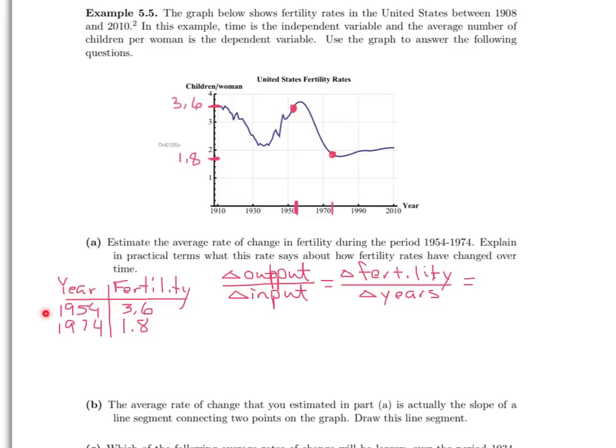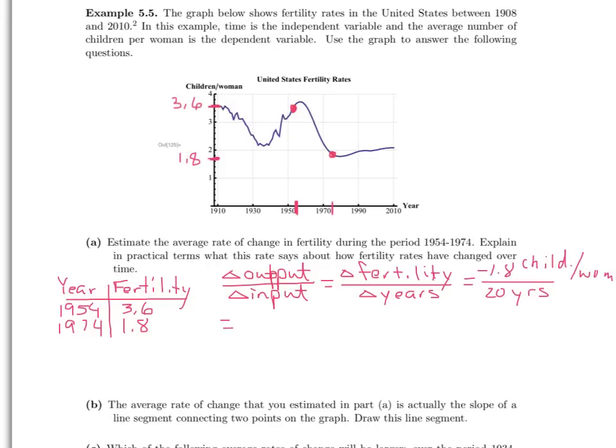The change in the years: we take our ending value, subtract our starting value. That's 20. So we have 20 years. And the change in fertility, again, we take our ending value, subtract our starting value. 1.8 minus 3.6 gives us negative 1.8 children per woman.